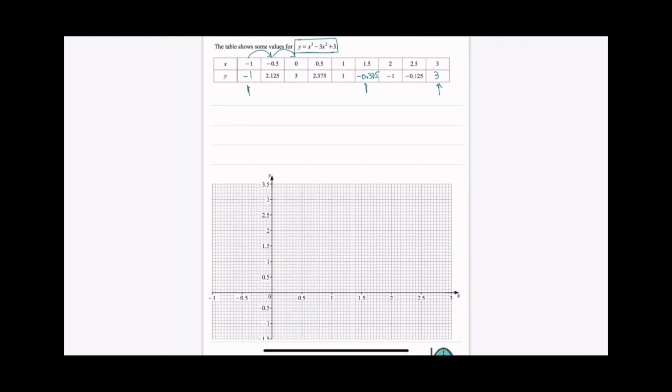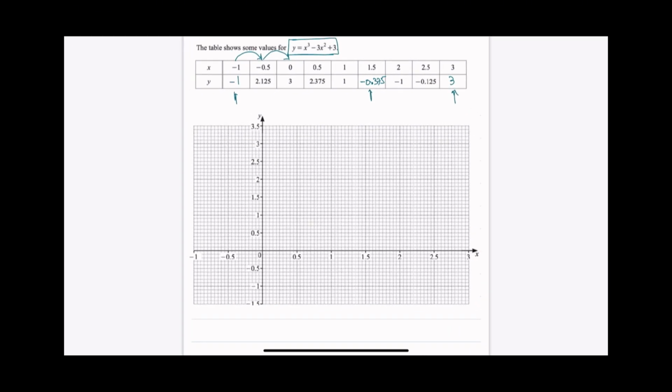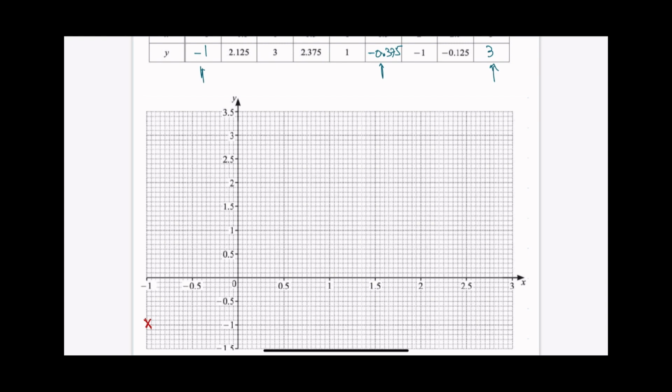Now, all I have to do is draw the graph. When x is -1, y is also -1. Then I'll mark this value here. When x is -0.5, y is 2.125. Now, how do I cater to that? If I am not able to mark the exact value, I'll mark somewhere near.